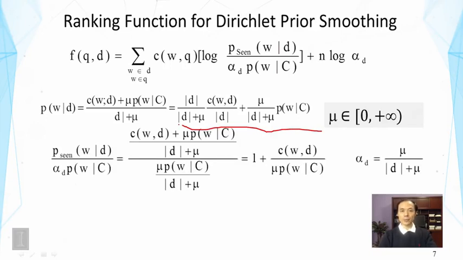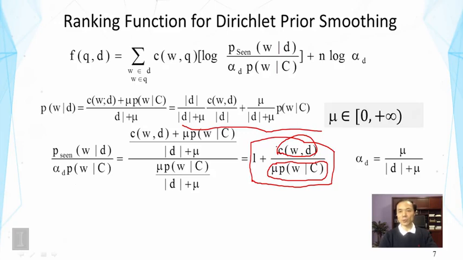And when we compute this ratio, we find that the ratio is equal to this. Now, what's interesting here is that we are doing another comparison. We're comparing the actual count with the expected count of the word if we sample mu words according to the collection word probability. Note that it's interesting, we don't even see document length here, unlike in the JM smoothing.